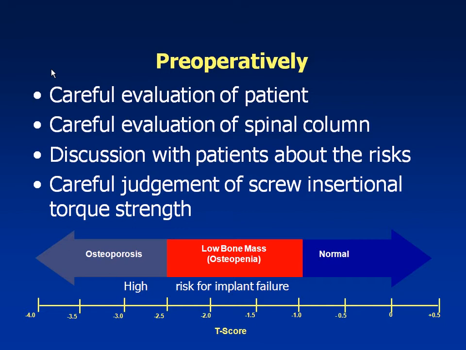Knowing the risks by using bone mineral density, we also have to carefully evaluate the spinal column, especially the deformity. Then we have to discuss the risks very clearly with the patients. One important point is that bone mineral densitometry may not help us all the time.